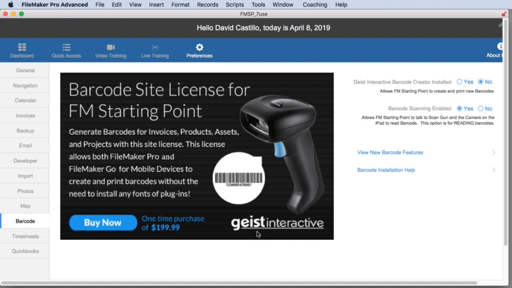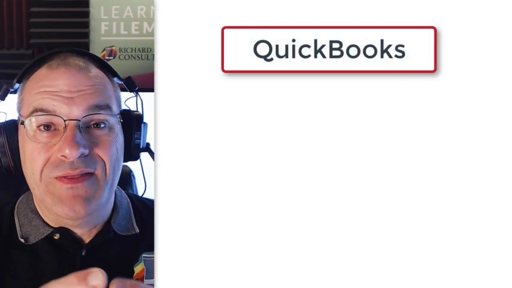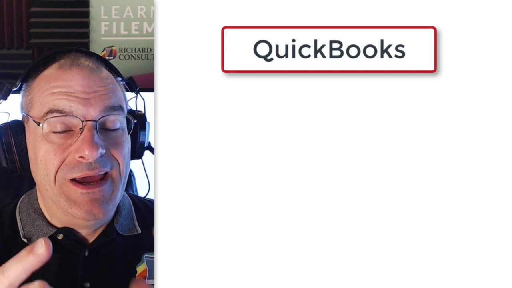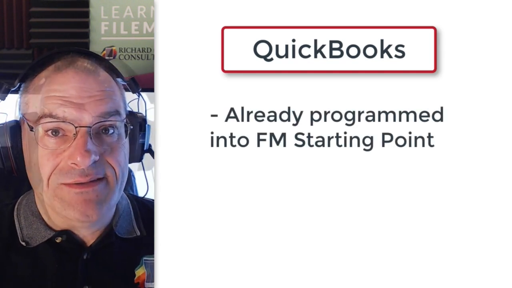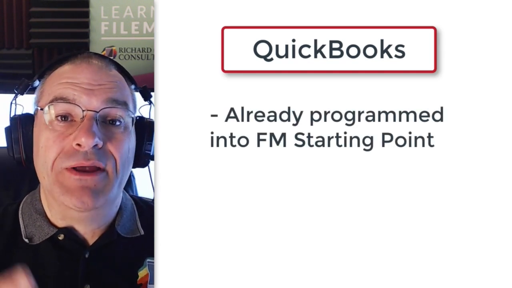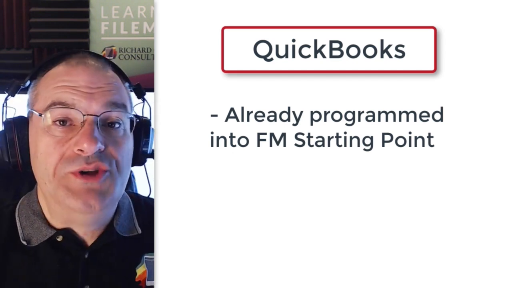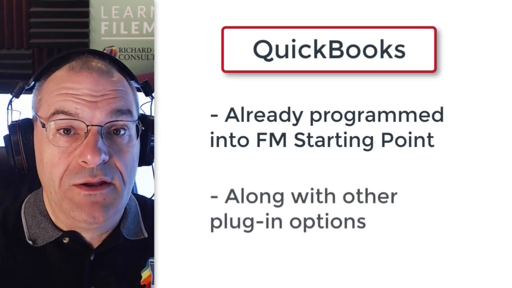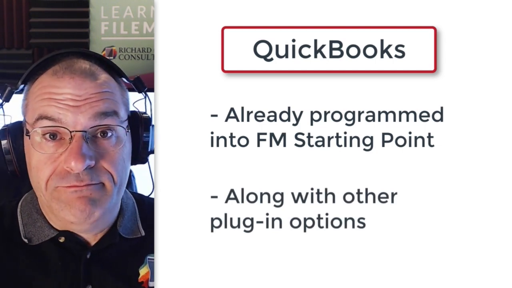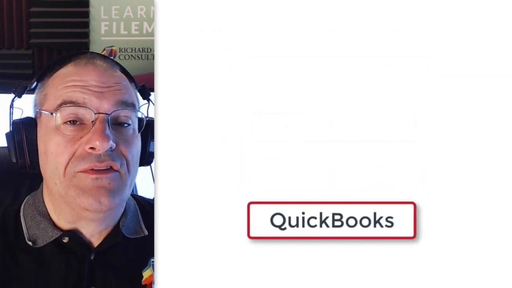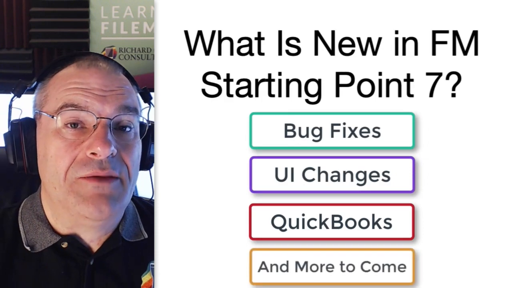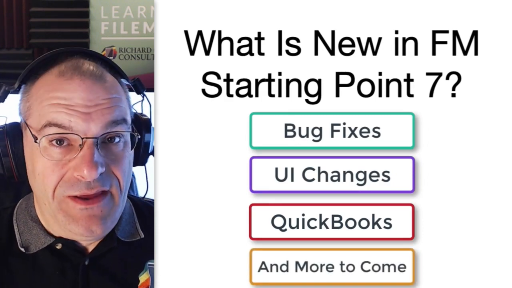And so while each of those products must be purchased if you want to use it with FM Starting Point, the programming and the code and the setup in FM Starting Point has already been done, which will dramatically cut down the time and cost of getting those technologies implemented. Of course, you can implement just the pieces you want or don't implement any of them. It's up to you.